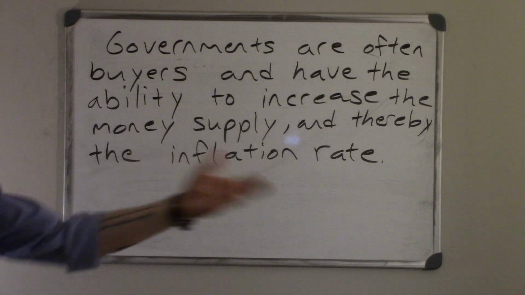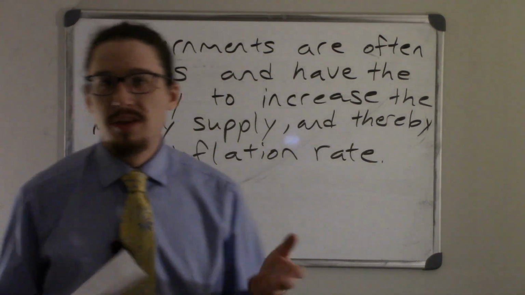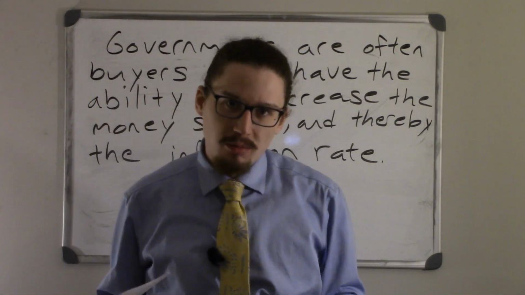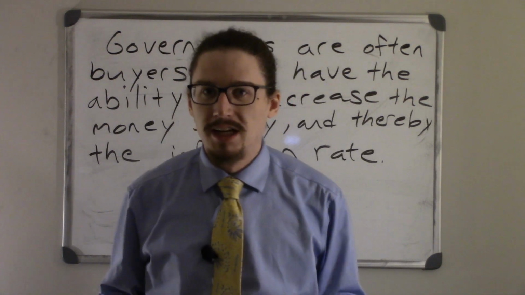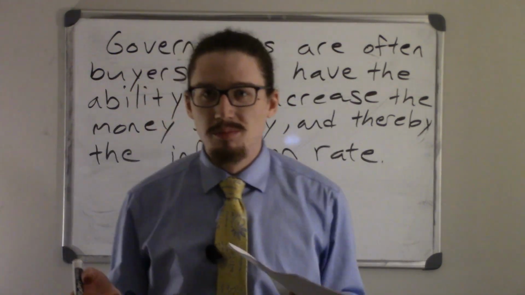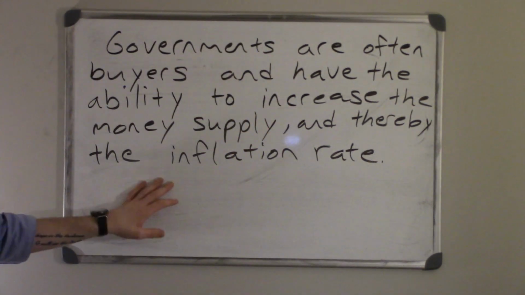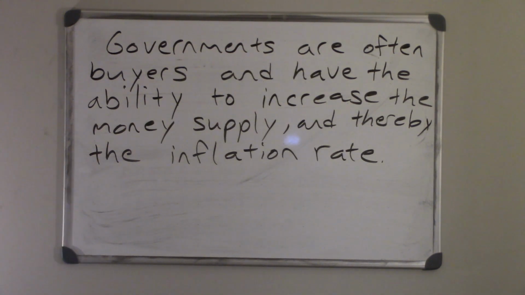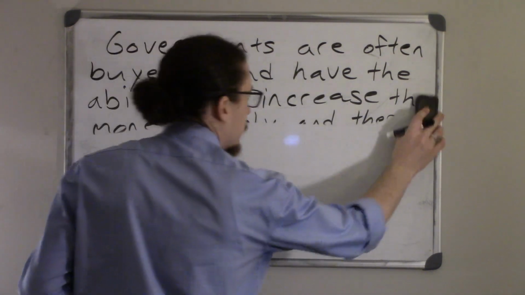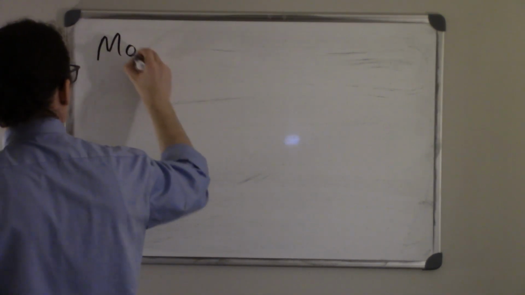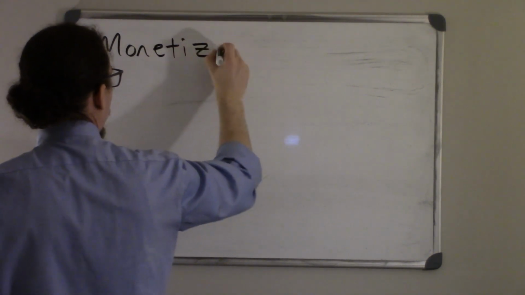If the government takes out a loan, then prints off a bunch more money and pays the loan with that, that's definitely going to increase the inflation rate if you're paying off a government-sized loan with freshly printed money. And that's going to affect both citizens, individuals, and also other governments. This is what's known as monetizing the debt.